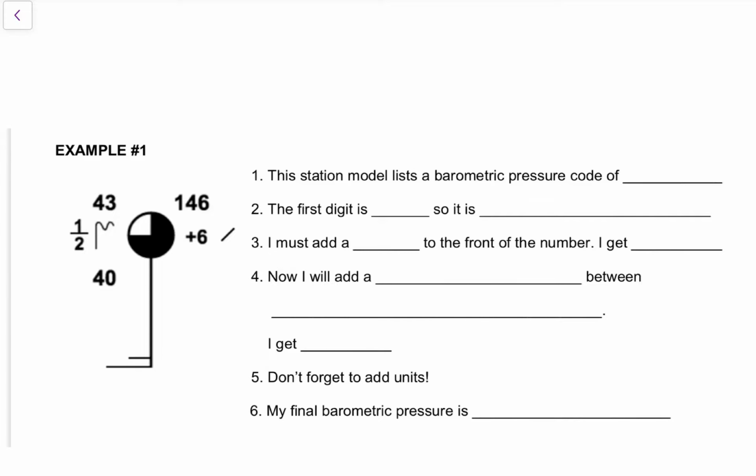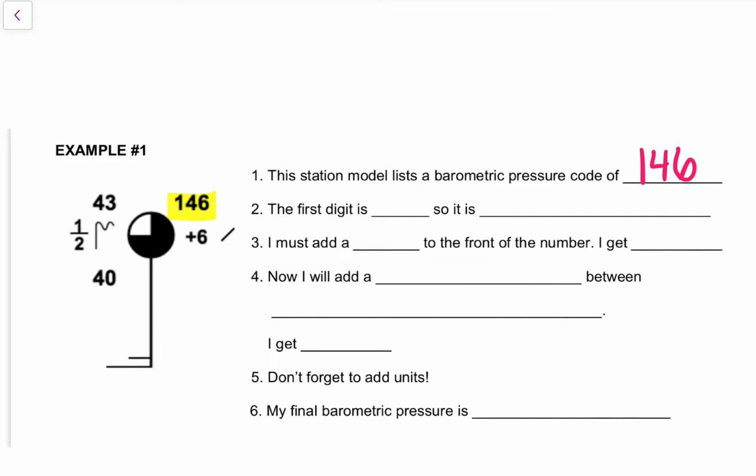So just to start, on this station model in example number 1, the barometric pressure code is listed up at the top right corner. This station model lists a barometric pressure code of 146, but that is not my true pressure. I have to convert it.